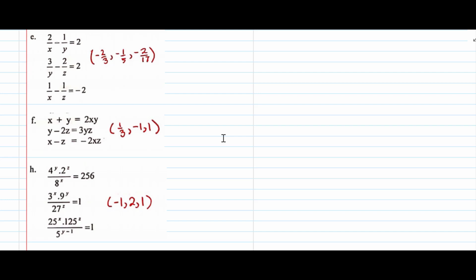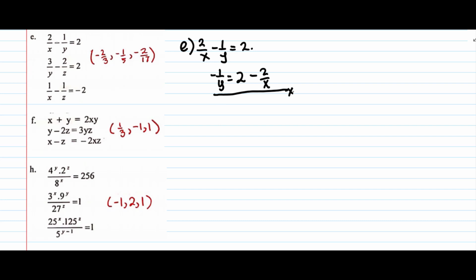Okay, next is E. For E, I will make the first one into 1 over y. So negative 1 over y equals 2 minus 2 over x, times negative 1, all of them. So 1 over y equals minus 2 plus 2 over x.